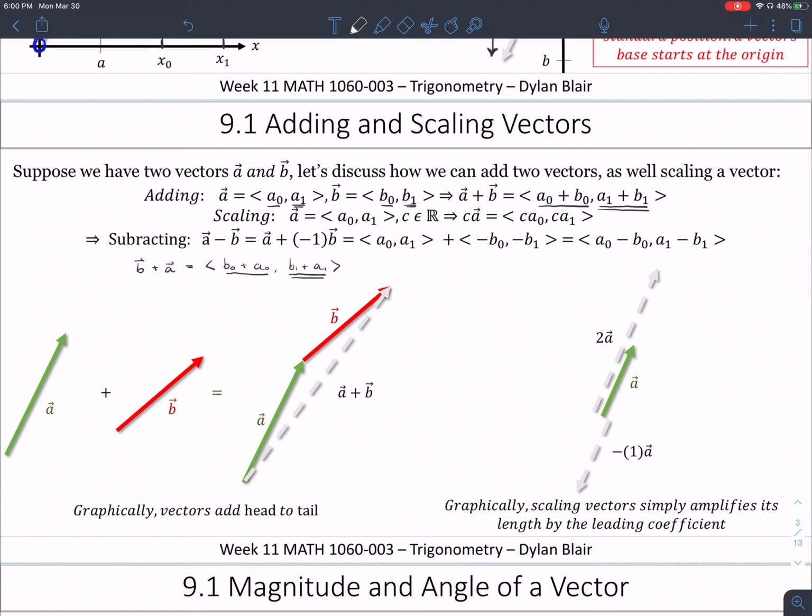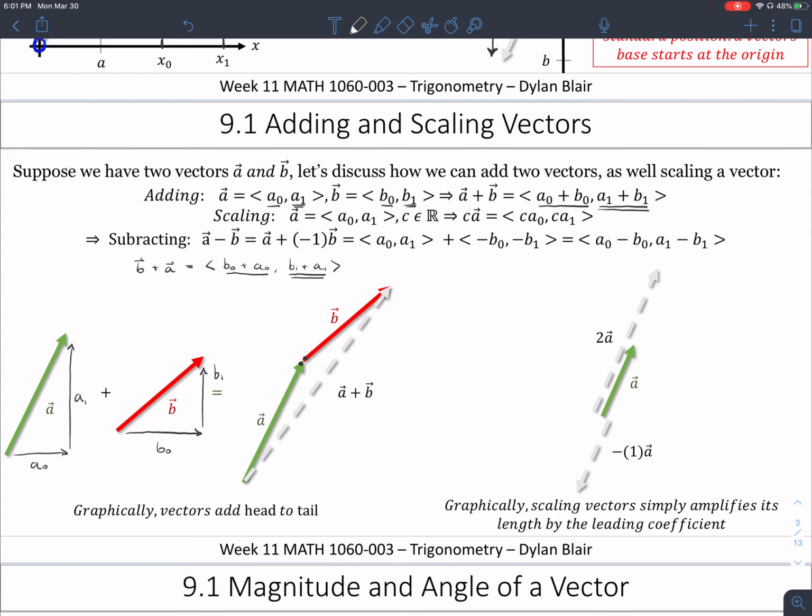So we have a horizontal component of a naught, vertical component of a1, horizontal component of b naught, vertical component of b1. Now, when we add vectors together, we're going to take the first vector's head, and we're going to attach the tail of the second vector.